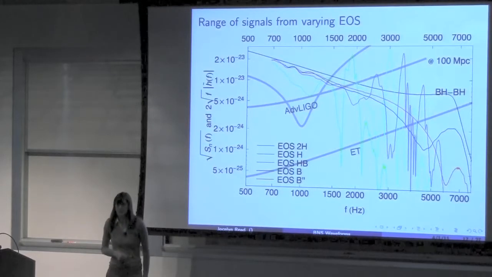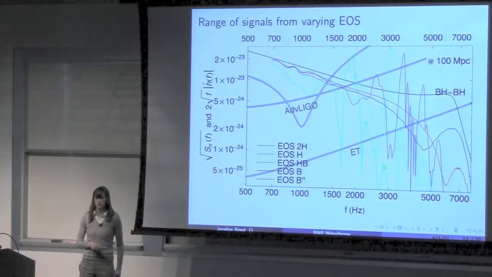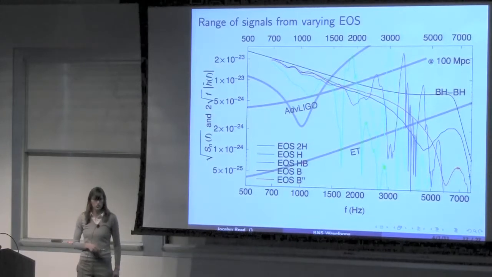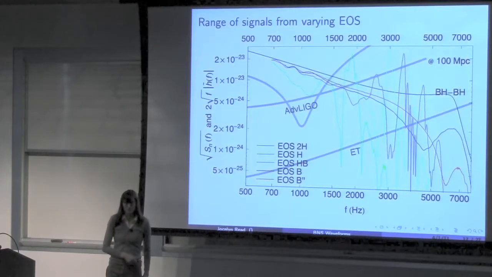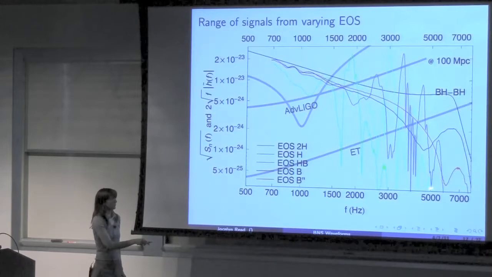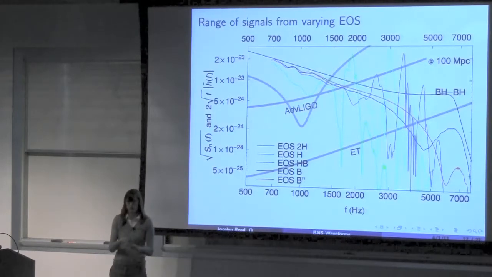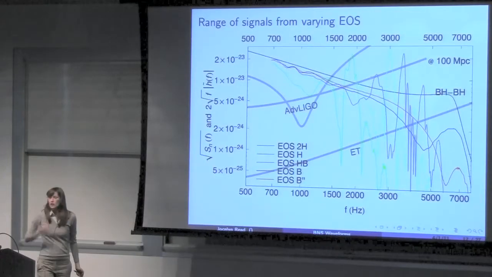Something else to notice is that even if it collapses promptly to a black hole, it does not look the same as a binary black hole would. The amplitude, this is roughly the ringdown frequency of the combined object, an object of the combined mass, is much smaller for neutron stars, which get smeared out as they merge together, than for two black holes.